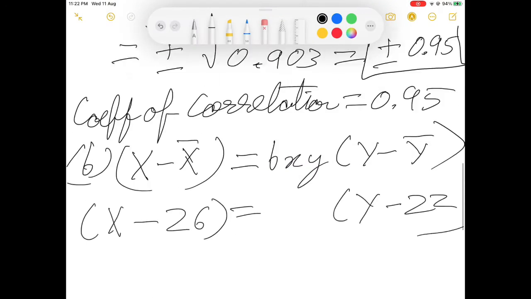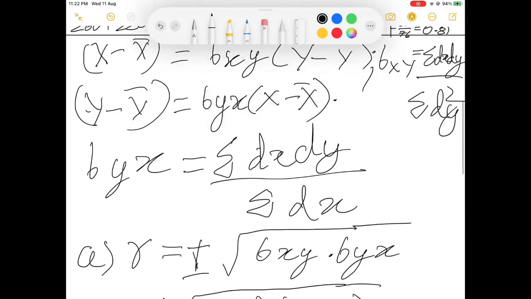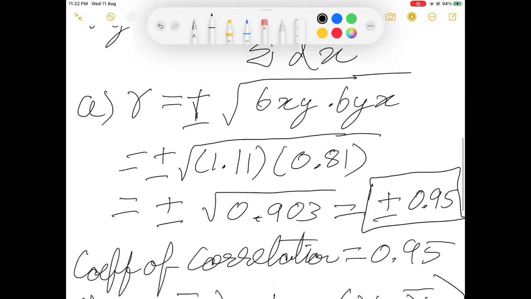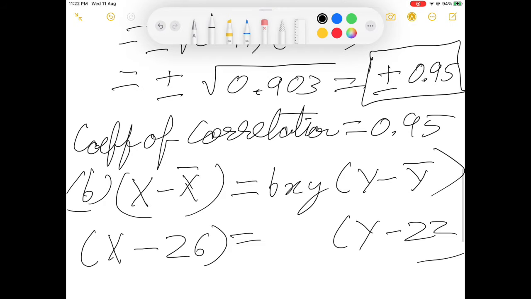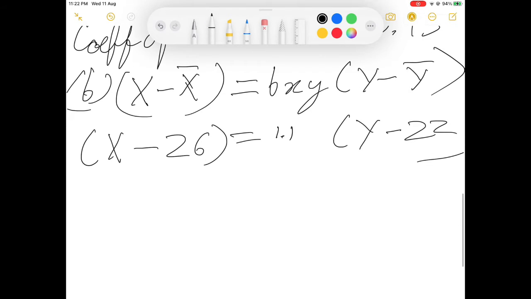The bxy value was 1.1. I am not taking 1.107, I am just taking 1.1 to simplify for myself. So x minus 26 is equal to 1.1 into y minus 22. Next step, we will take 26 to the other side, and also open up the bracket.